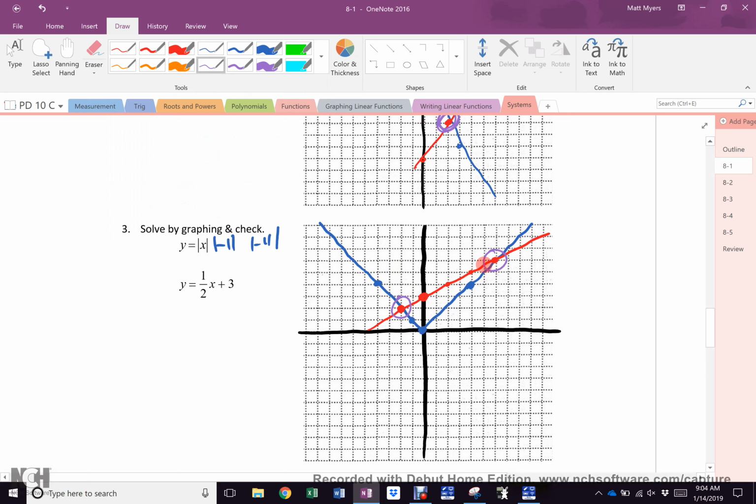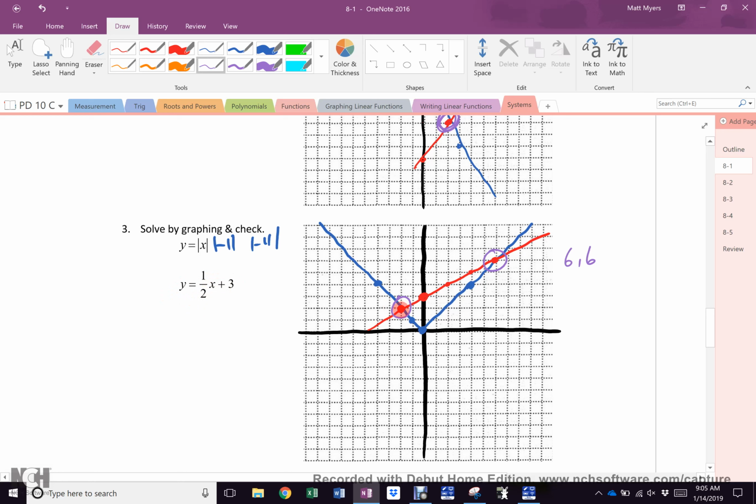So how many solutions are there? 2. Does everybody understand? This is 6, 6. Is the absolute value of 6, 6? Yes. Is half of 6 plus 3 6? Yes. Over here, negative 2, 2.